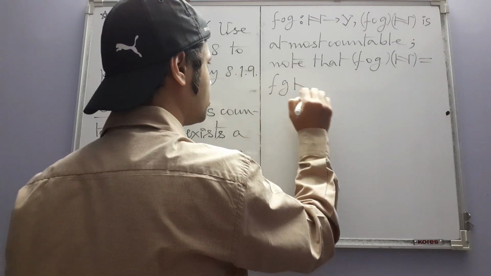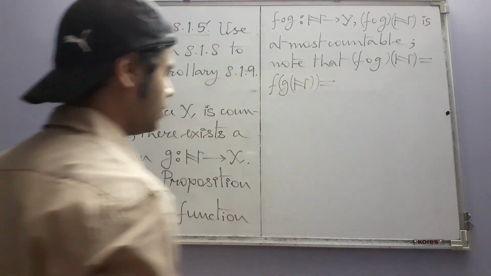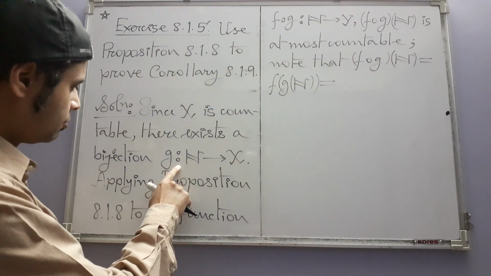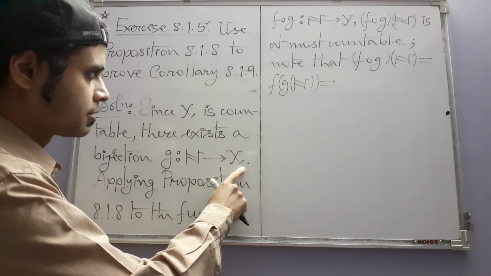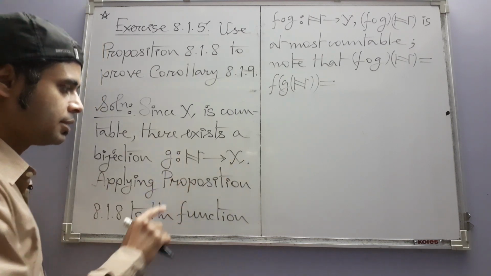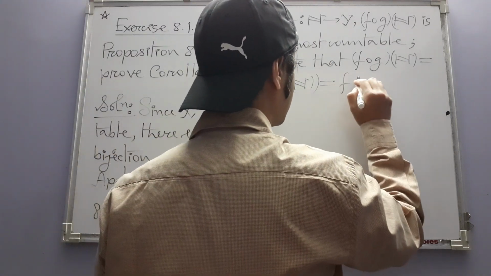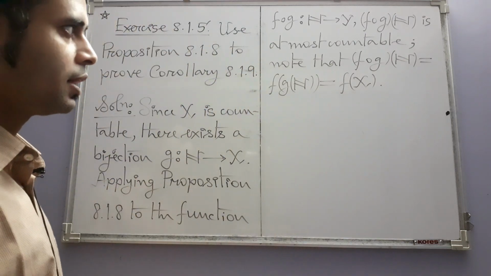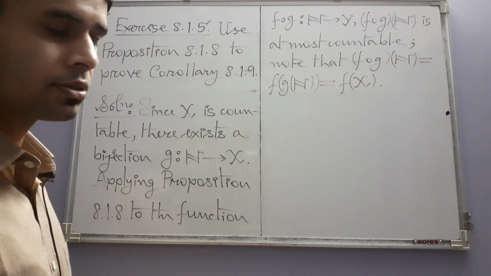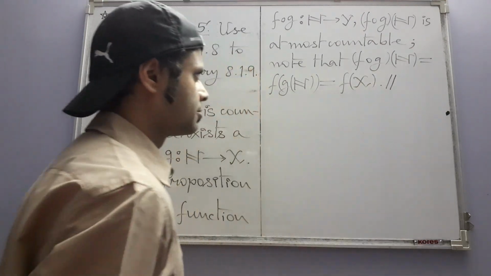But note that g is a bijection, so g of N must be equal to X. That's because being a bijection, g is onto, it's surjective. So that's how we have proved that f of X is also at most countable, and here the solution ends.